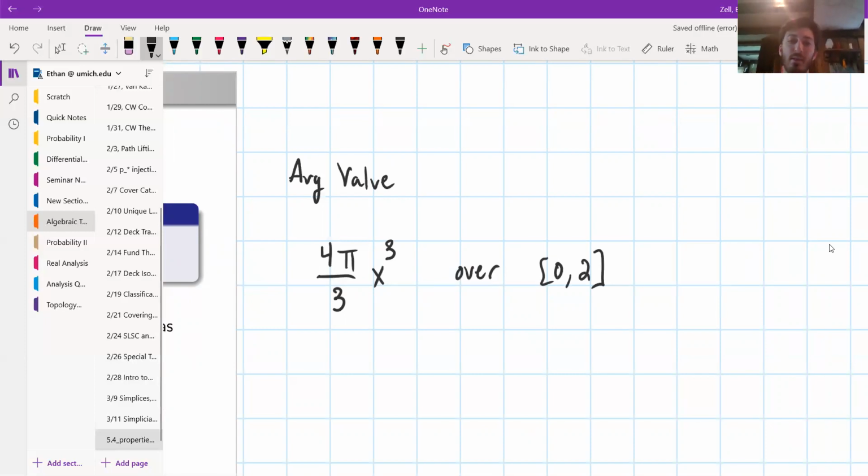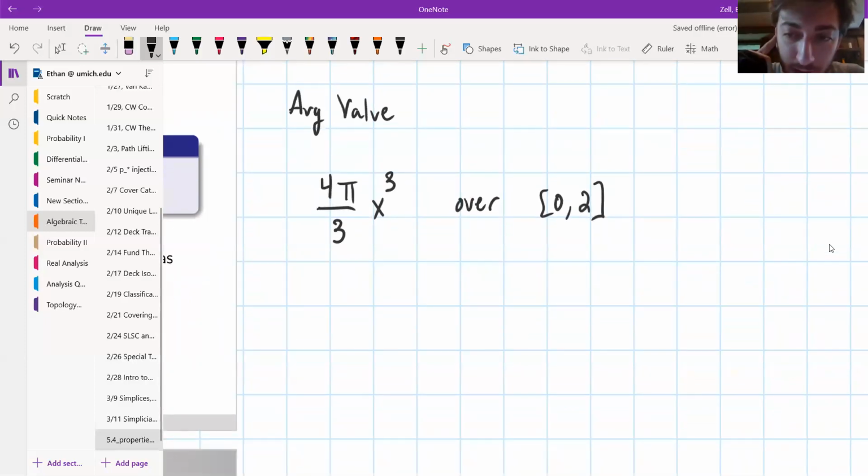In order to set this up, I first have to notice how long my interval is. My interval is length 2, so I have 1/2 that I'm dividing by on the outside. And then the bounds of my integration are just whatever my interval was, so 0 to 2.